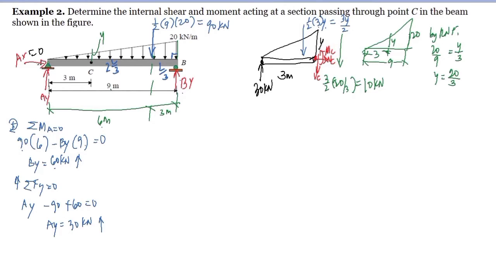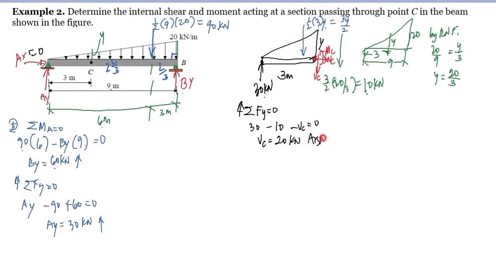If we summate forces vertical equal to 0, taking the upward direction as positive, we have here 30, that's upward, minus the resultant of the load, that's 10, minus VC is equal to 0. So VC is equal to 30 minus 10, that's 20 kilonewton.